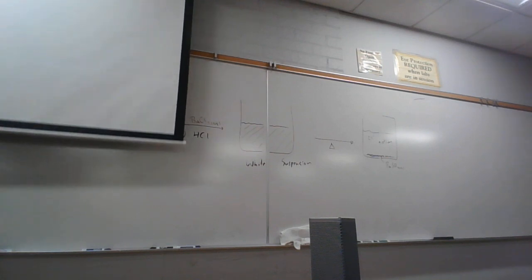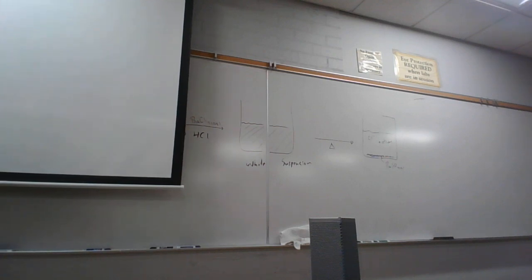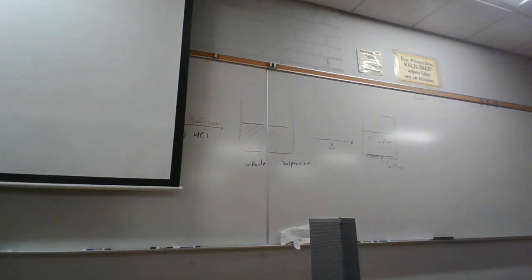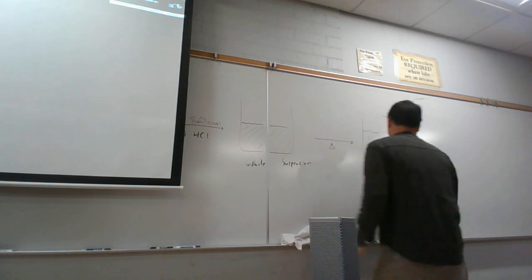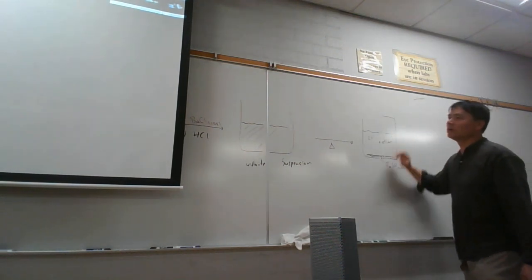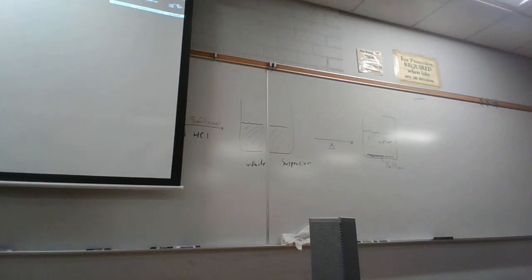Oh, the solute? No, not the solute, but it starts with an S. Supernatant. Yeah, kind of a weird name, but this is supernatant. That's the liquid part of this. We try to pass as much of the supernatant through the crucible as possible.